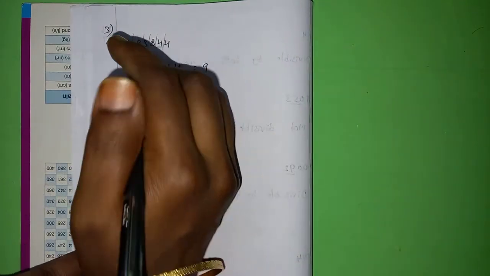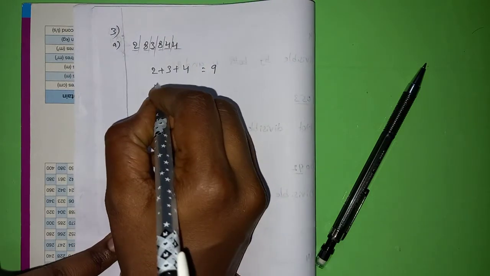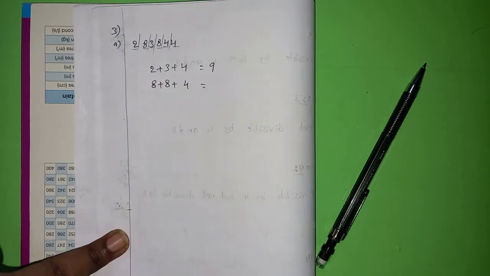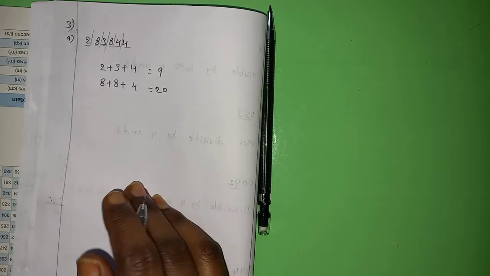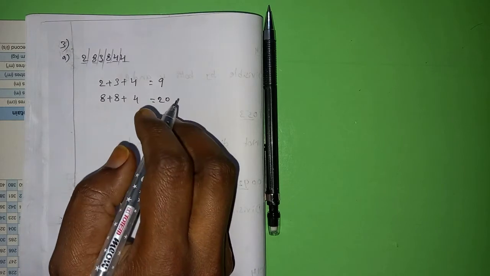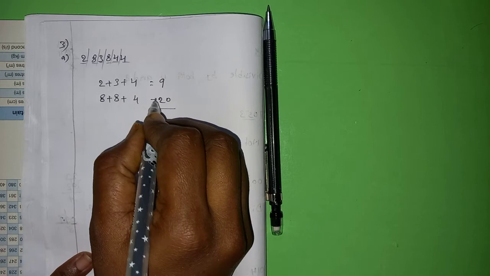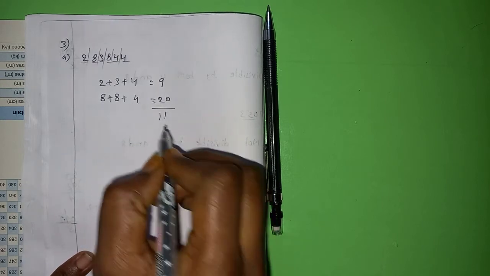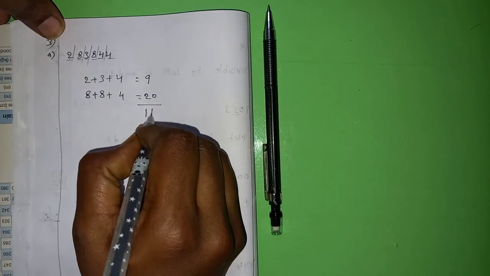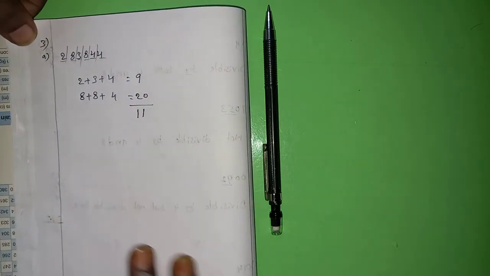Now add the digits in the even places. 8 plus 8 plus 4. So, here the number is 20. Now, you have to subtract 9 from 20. What is the answer? 11. Okay. So, if the difference is 11, then also that number is divisible by 11.